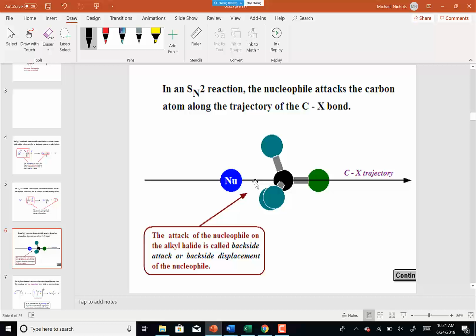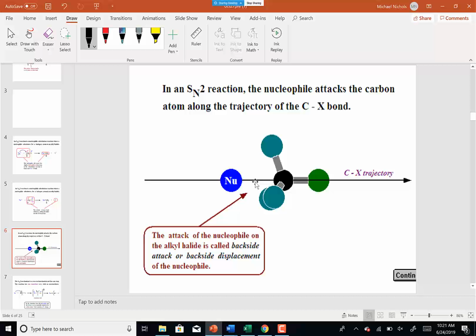The first question that we have to ask is, well, there's a number of questions that we need to ask. But the first question that was asked was, how does this nucleophile form a bond with the carbon and then the halogen gets kicked off? And one of the ways that people propose, there's two different mechanisms you could think of.